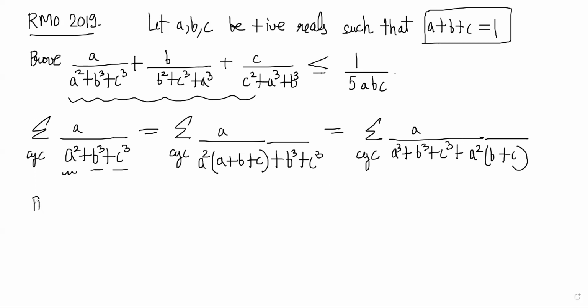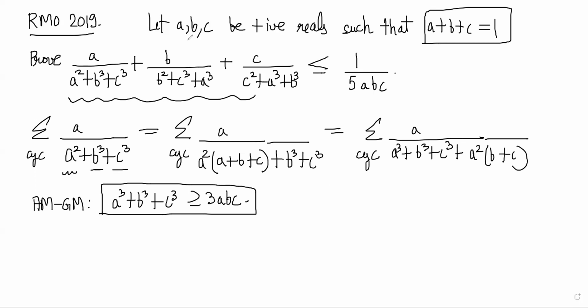Now, by AM-GM inequality, we know that A cube plus B cube plus C cube is greater than or equal to 3ABC. This can be applied here because A, B, C are all positive reals, right?